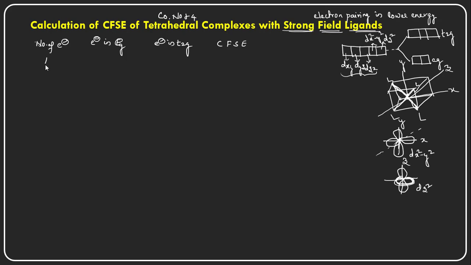And if one electron is there, so in the table I am keeping one electron here. This electron enters into an Eg orbital, right? After splitting of the d orbitals, the electron will enter into this one.